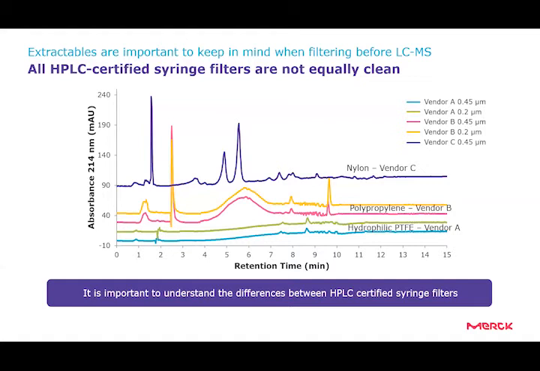But when we did extractable testing using our protocol, you can clearly see that all of these HPLC certified membranes and devices still tend to show high levels of extractables, except for the hydrophilic PTFE from vendor A. So it is important to understand that syringe filters, even HPLC certified syringe filters from different vendors, can have different levels of extractables.